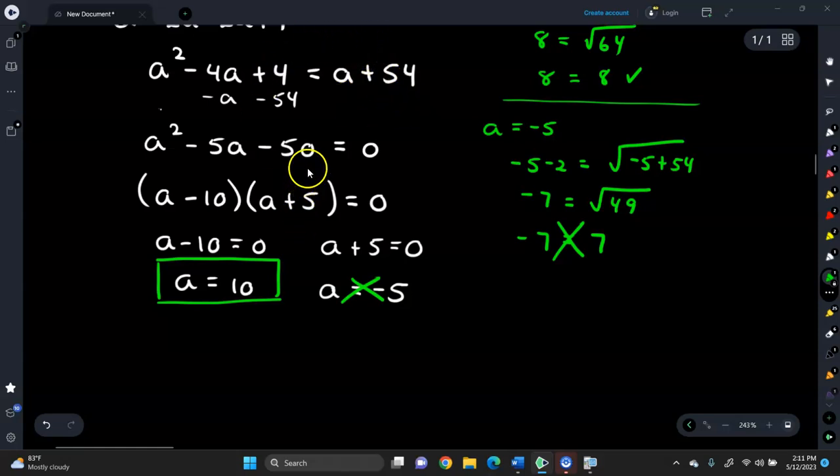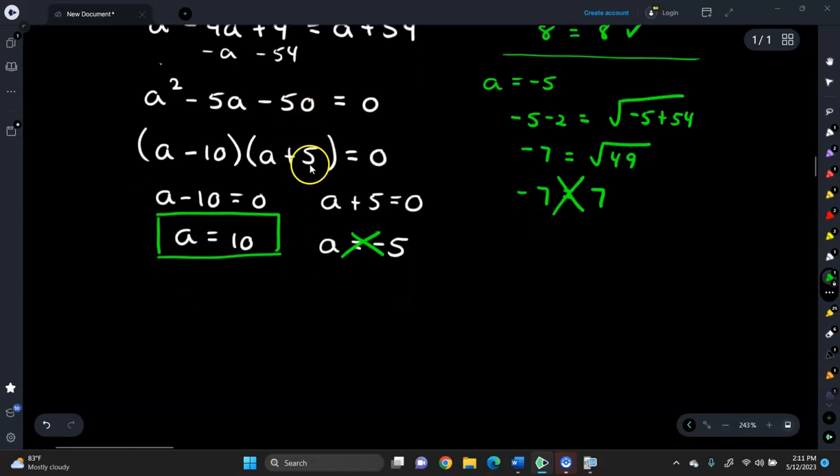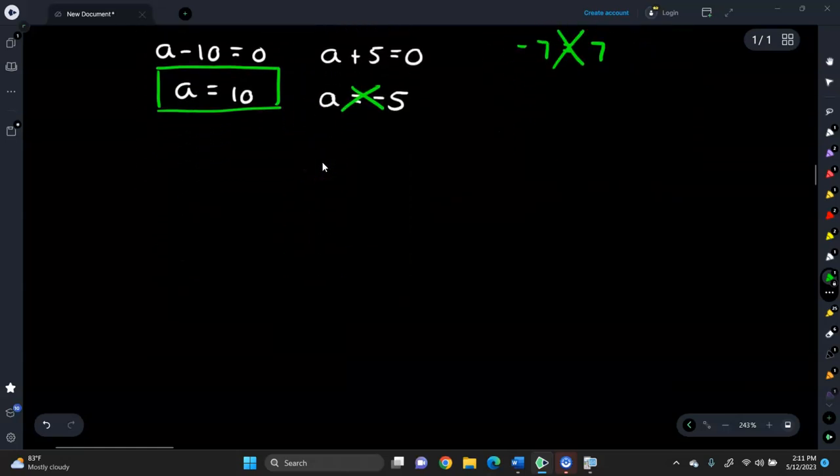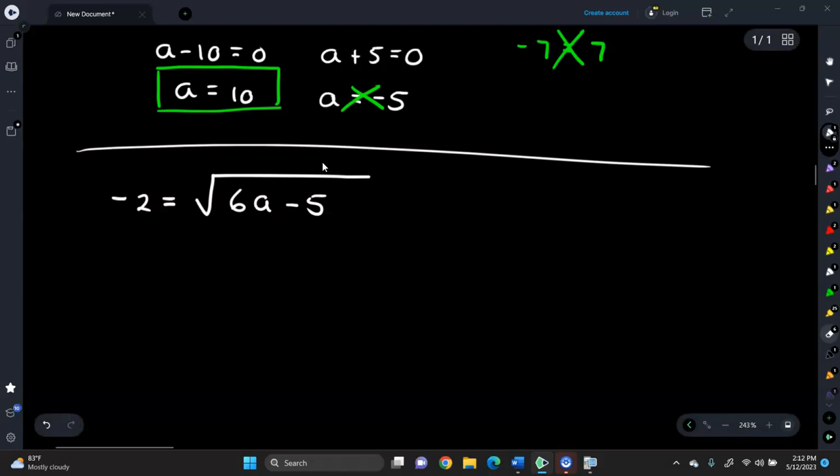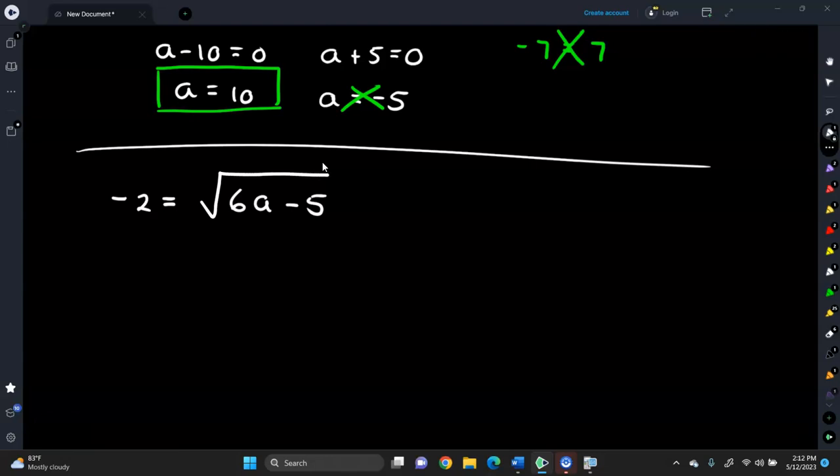Let's look at another one. This time we have negative 2 equals the square root of 6a minus 5, minus a.